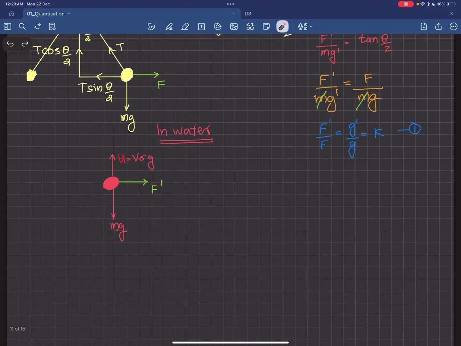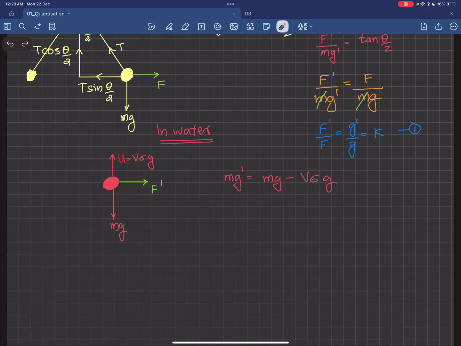For that, let's find the apparent weight of the steel ball underwater, which is mg dash. If you look at this picture, these two forces are in opposite directions. So the resultant will be the difference between the two, which is mg take away V sigma g, which will give you the apparent weight of the steel ball underwater.